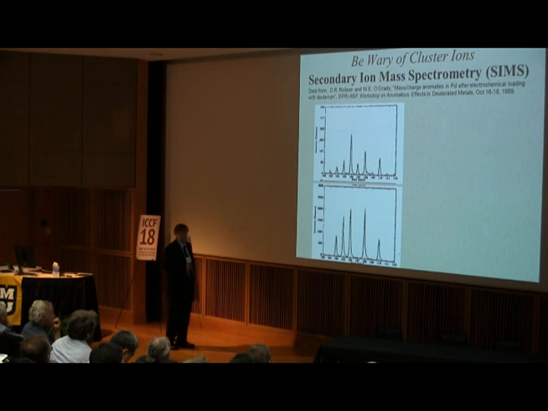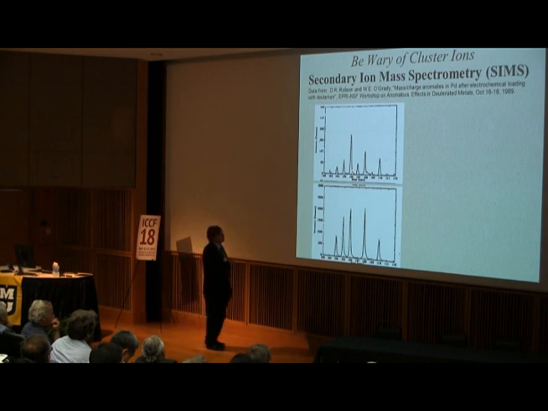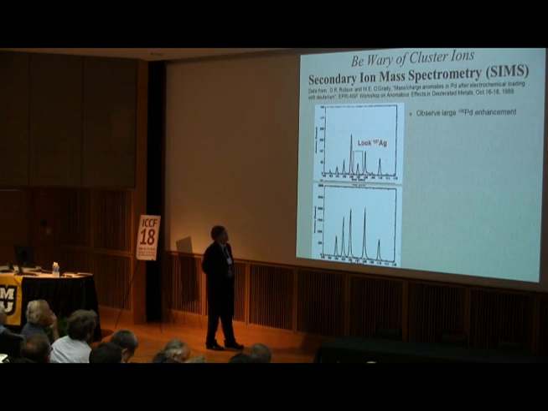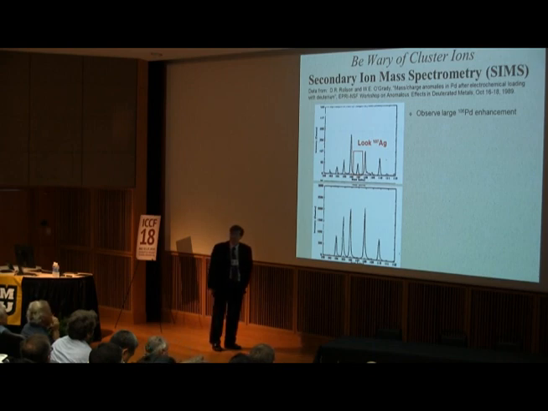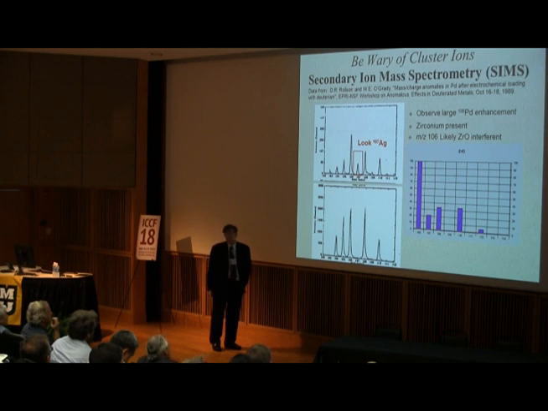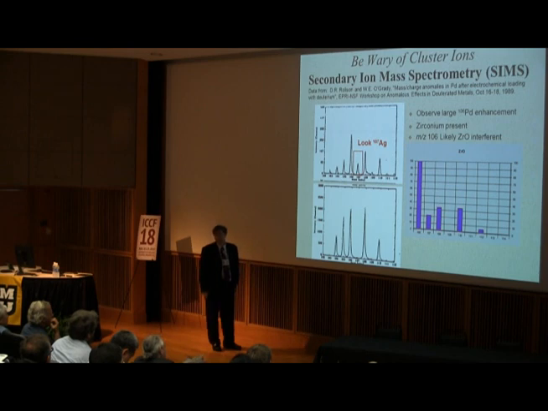Here's what palladium should look like. Here's what they observed. And what do you note? The 106-105 ratio is completely abnormal. So is the 108. So is the 110. And you have a 107. Look, silver's being produced. What could explain this? Well, again, it's our zirconium oxide. That pattern fits this data set identically.